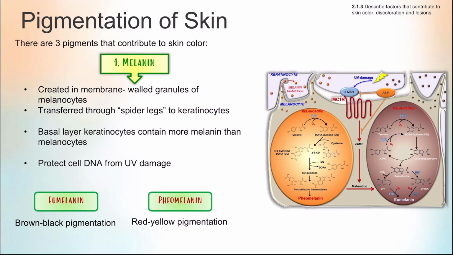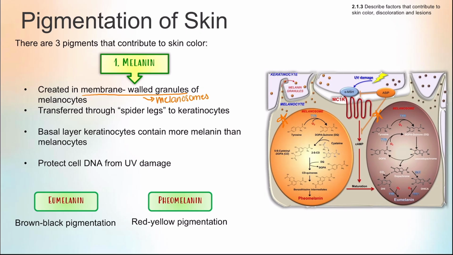The melanocytes are going to exist in the stratum basale, that is the deepest layer of the epidermis, and these membrane-walled granules that create our pigment are known as melanosomes. Be aware of what a melanosome is. These little guys right here are both melanosomes, and we will talk about them a little bit more as we go along.